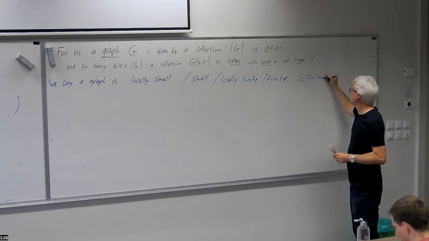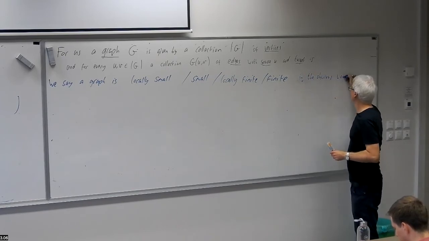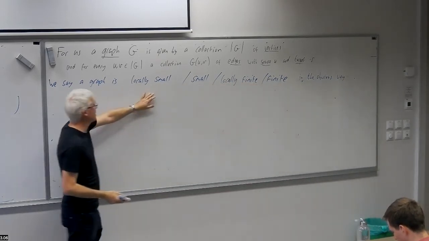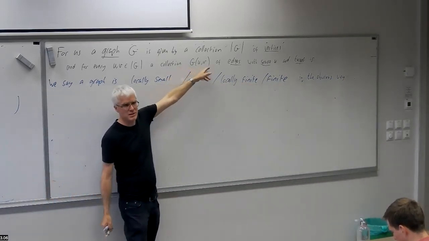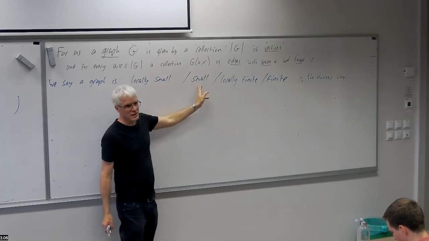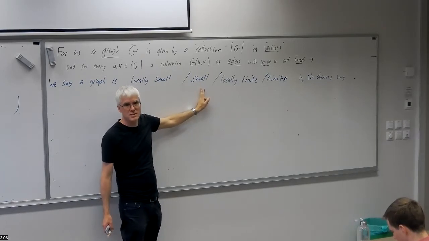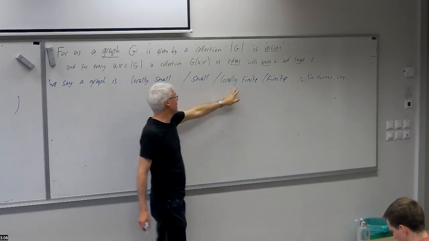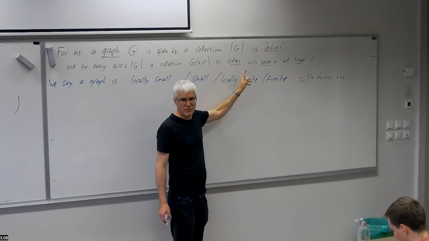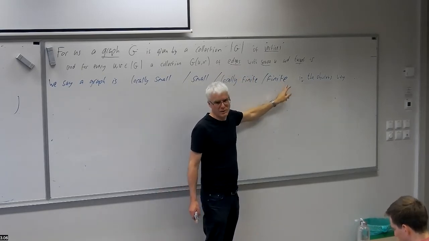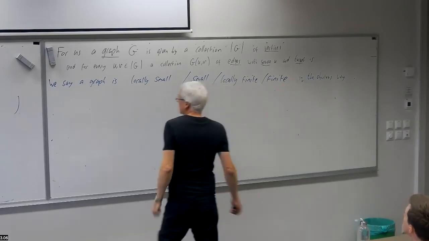I don't want to write the definitions down, but it's the same as for categories. So locally small means every collection of edges is a set. Small means locally small, and the collection of vertices is also a set. Locally finite means every collection of edges is finite. Finite means locally finite, and there are only finitely many vertices. Right, good.